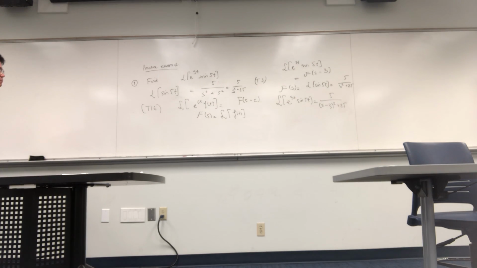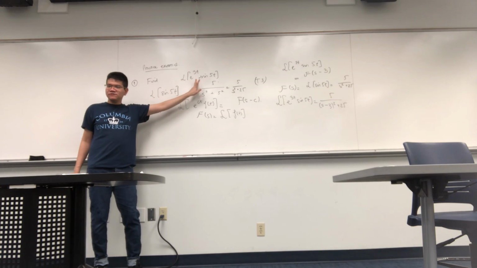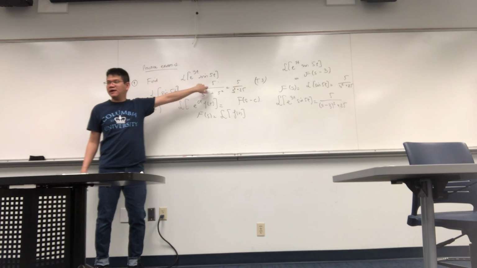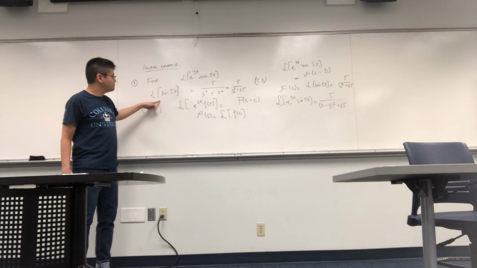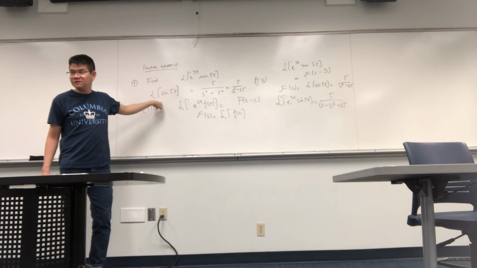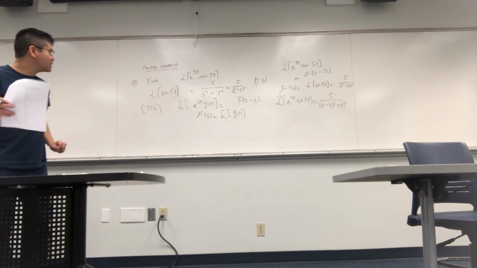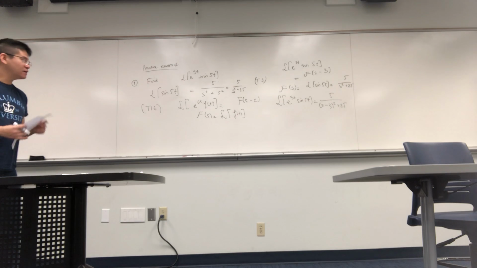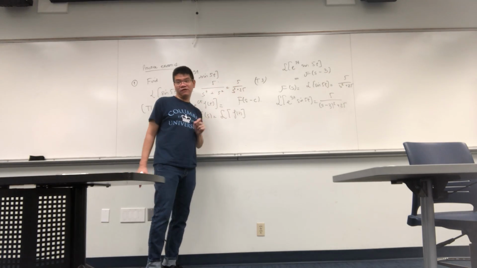For the first problem, what you see is that you have to do the Laplace transform of an exponential times the sine function. The first thing you do is you compute the Laplace transform of sine 5t. So you look into the table. You see that in formula T3, the Laplace transform of sine 5t will be 5 over s squared plus 25.